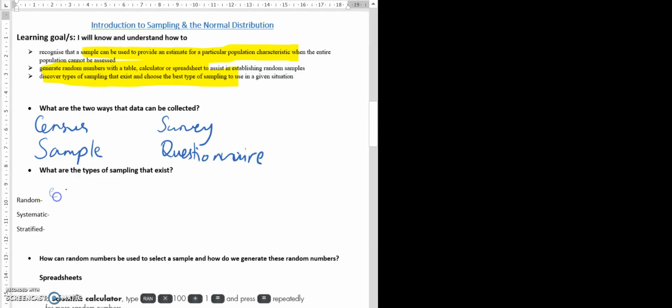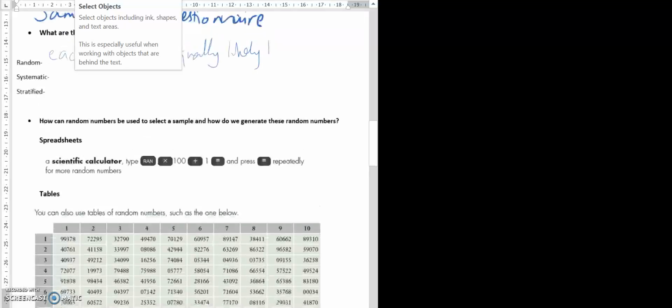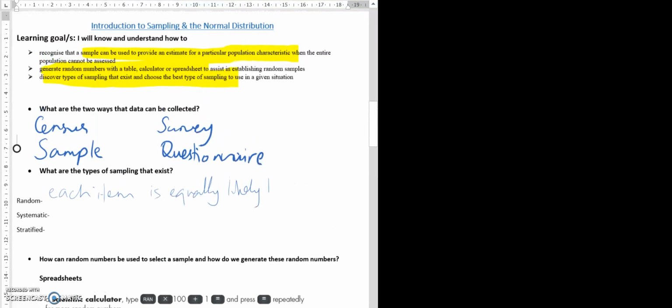Random is where each item is equally likely to be chosen from the population.